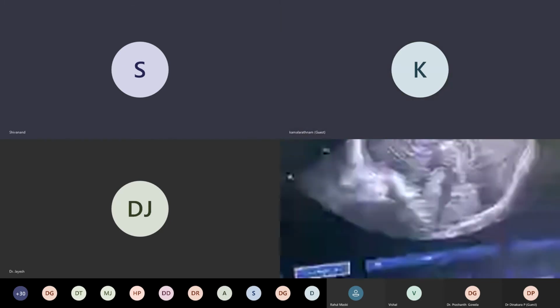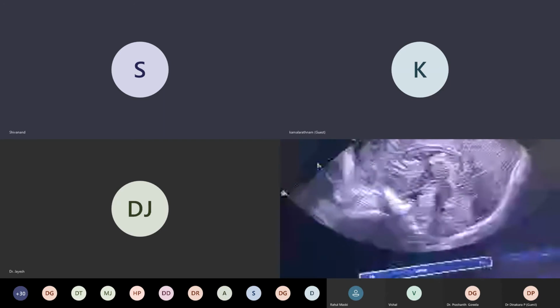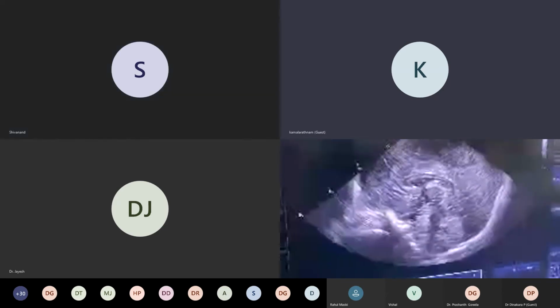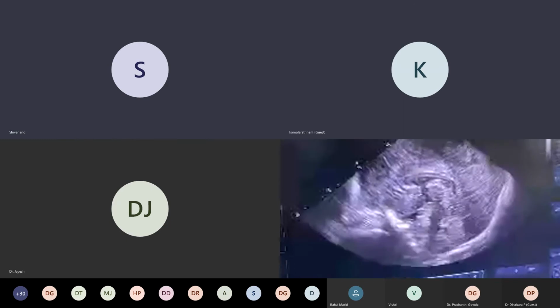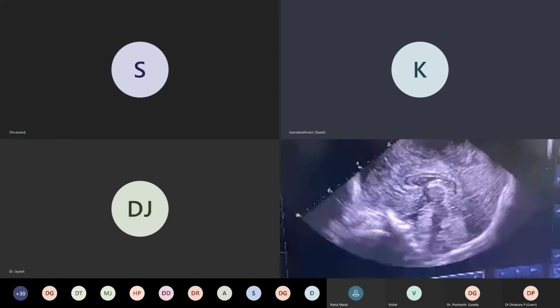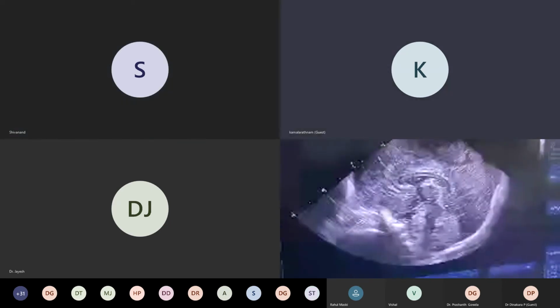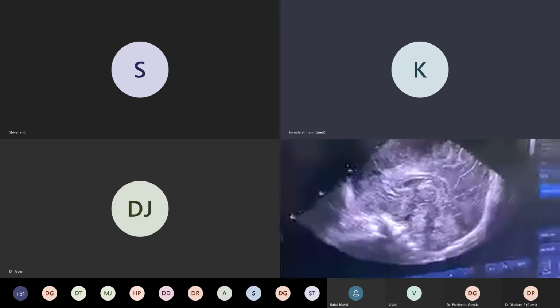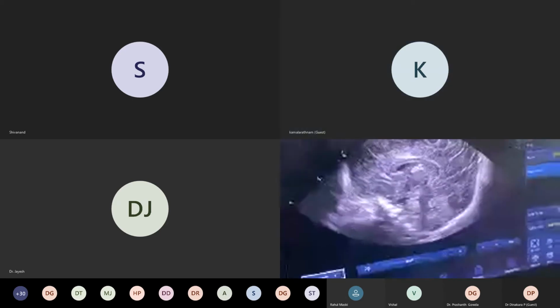Sir, you can see now, sir? No, now it's not seen. So suddenly it has gone off the screen. Yeah. Okay, come now. It's okay now? So the screen is not seen. The mid-sagittal section which I have taken. My screen is not seen.